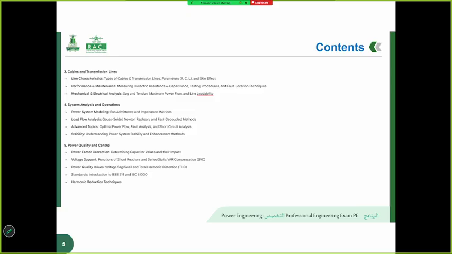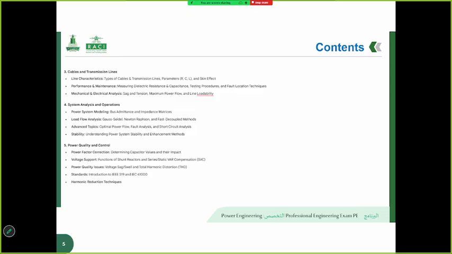Then voltage support. I will explain the functions of shunt reactors and static VAR compensators in providing voltage support. Power quality issues, we will identify and discuss common power quality problems such as voltage sag, swell, and total harmonic distortion.